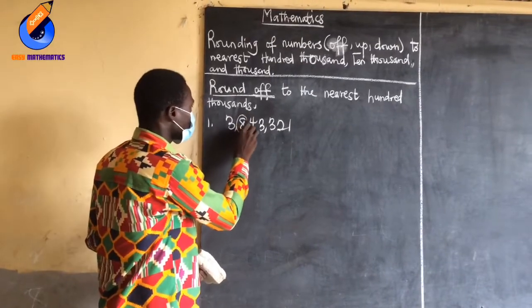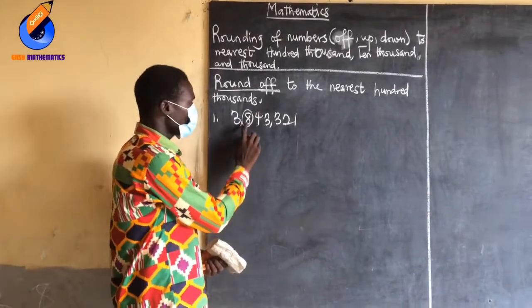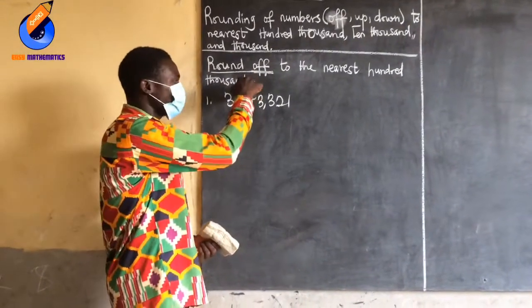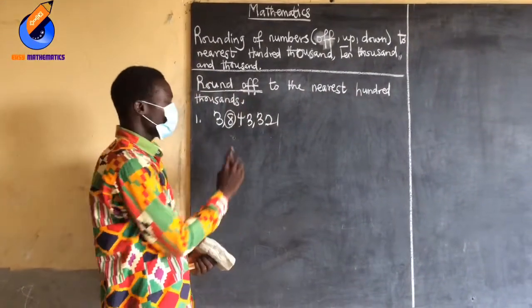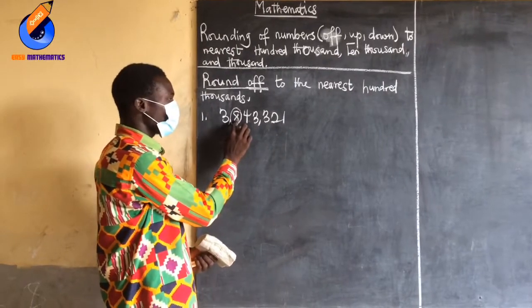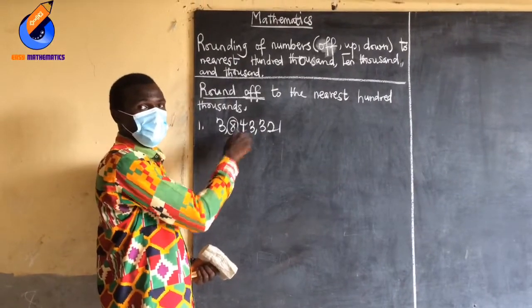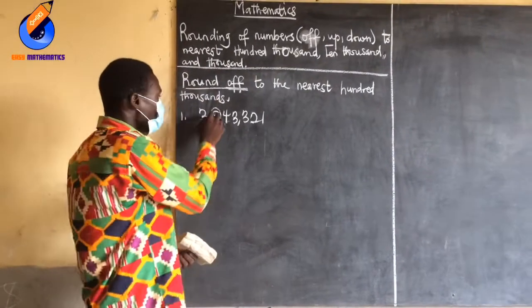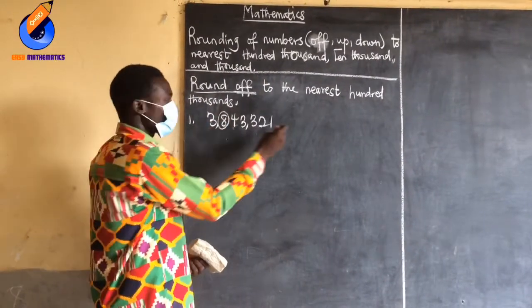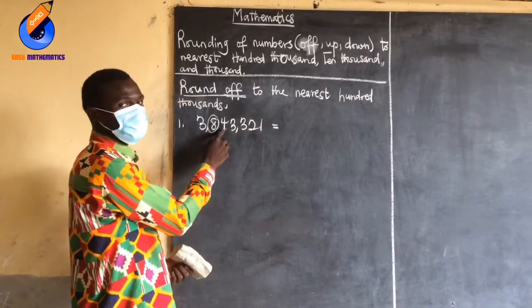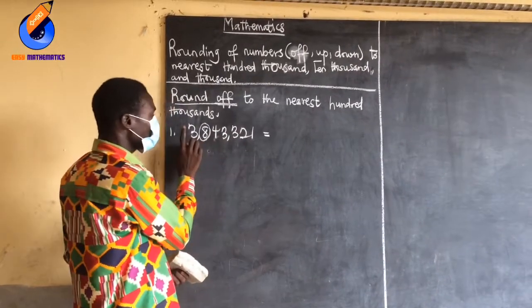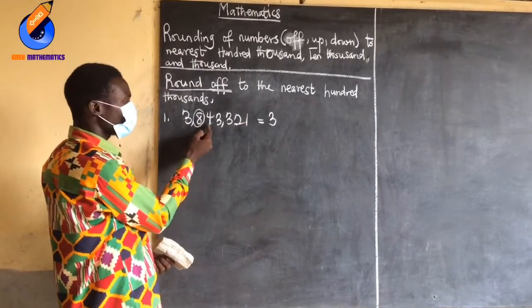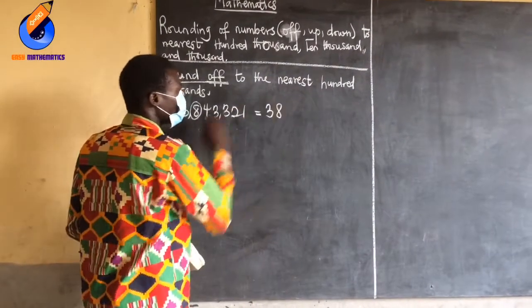This is my 100,000. Now, I'll look at the number that is close to this number on my right. The number close to this 8 on my right is 4. And the law is saying that if it is less than 5, maintain this number. So because this 4 is less than 5, I'll maintain my 8, and my 3.